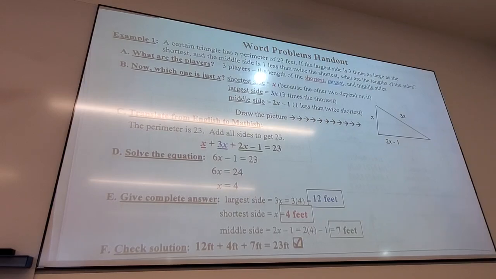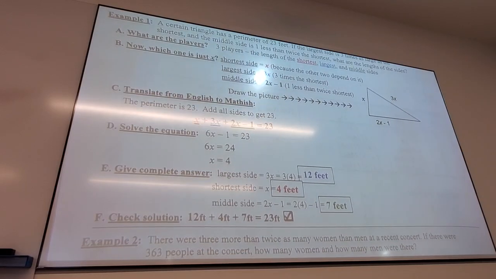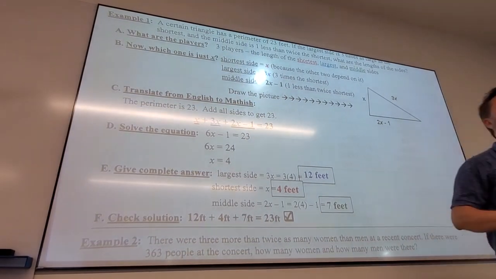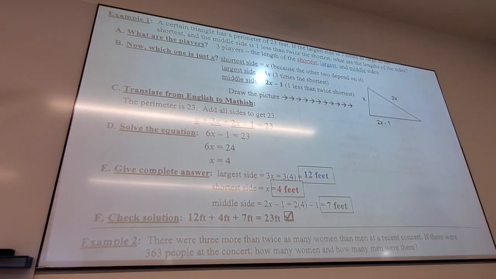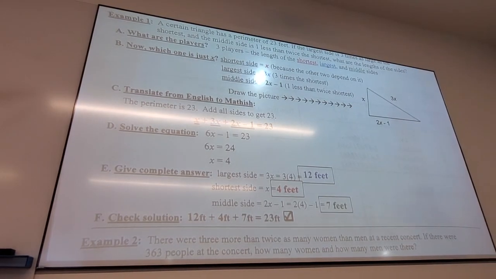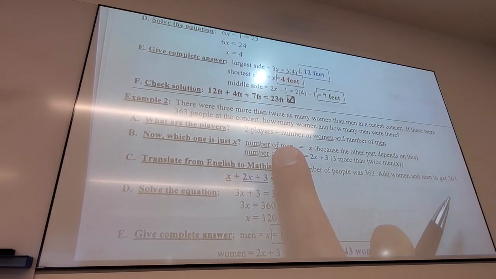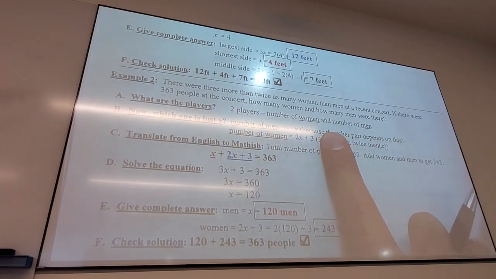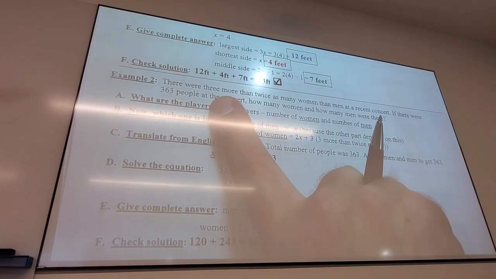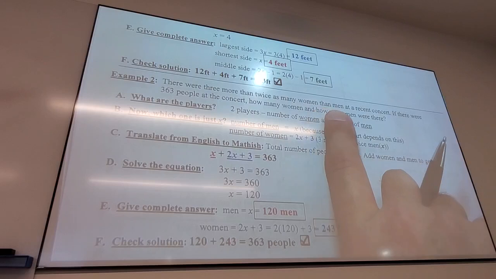Okay, hopefully this is not ground shaking, but we all kind of need a refresher. Because again, some of you guys haven't taken math in a while. Some of you guys really didn't get a lot of practice with word problems before. All right, and then I give you one more that's less geometric. There's nothing to draw. You can draw a bunch of people if you want to, but it doesn't really help you. So there are 3 more than twice as many women than men.